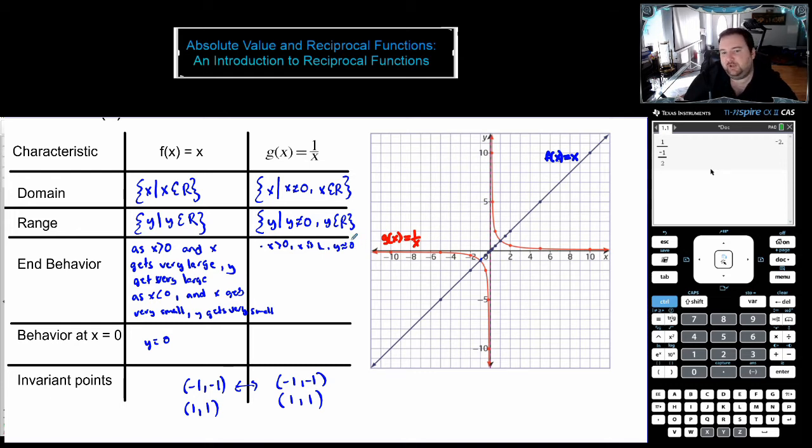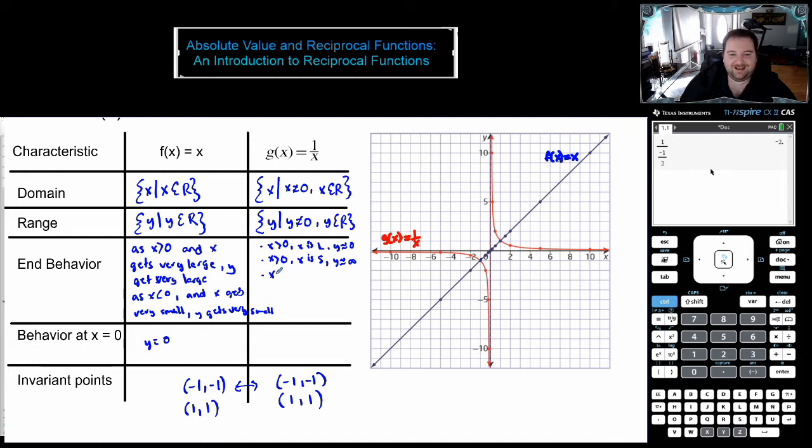Roughly, meaning not going to equal, but it's going to be super, super close. What happens when x is greater than 0 and x is small? Well, y is going to get infinitely large, roughly equal to infinity. It's going to get super big here.